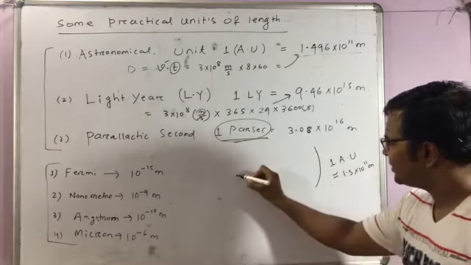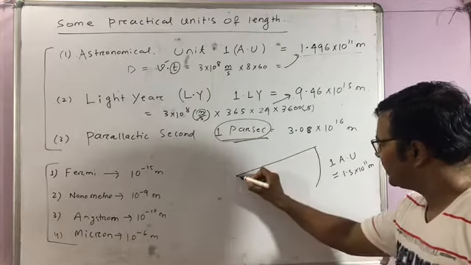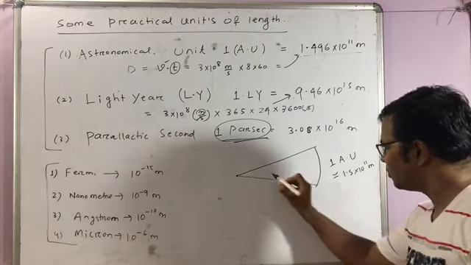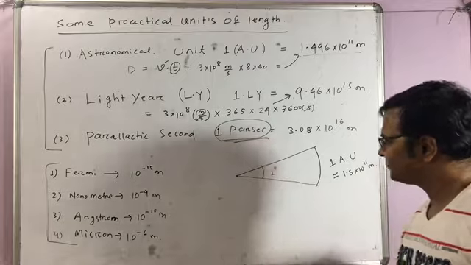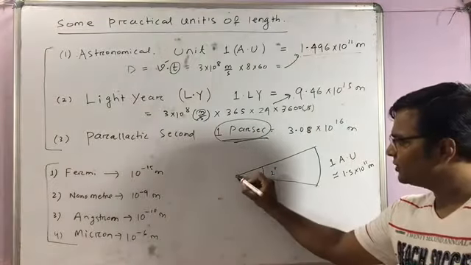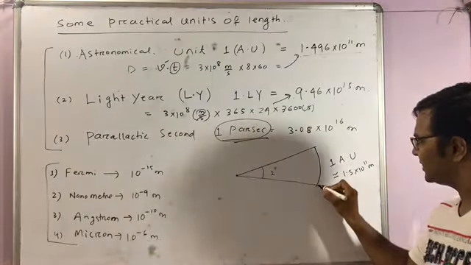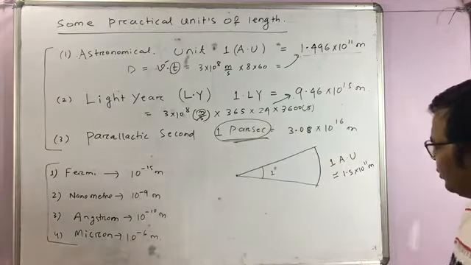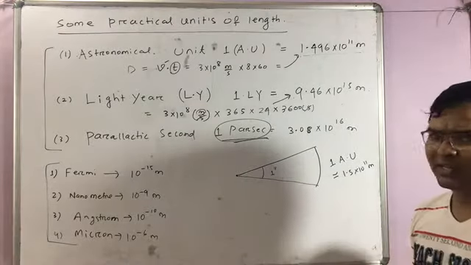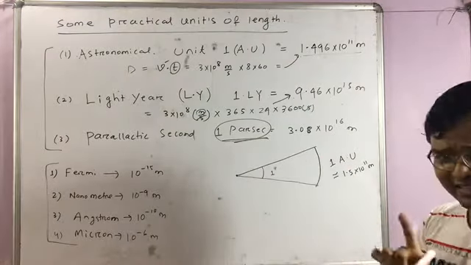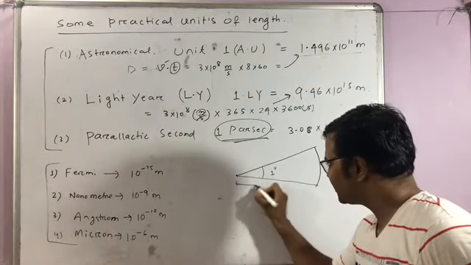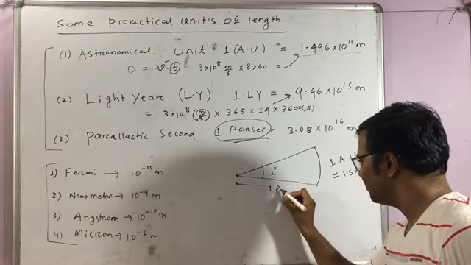Let's say these two points make an angle with you, and that angle is 1 second. If these two conditions get satisfied, then this distance is called 1 parsec.